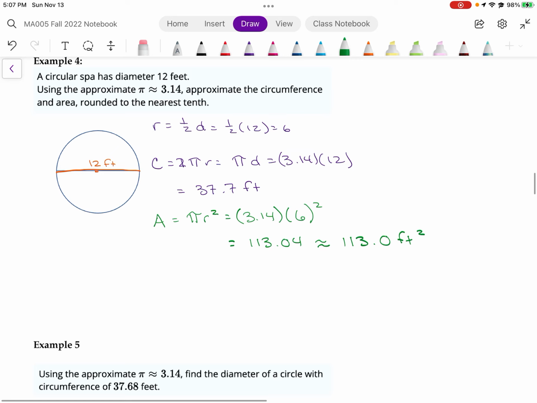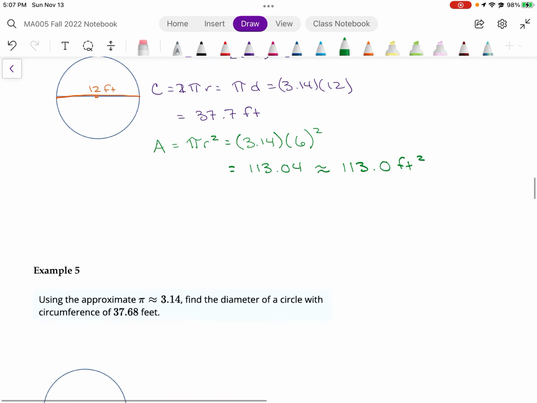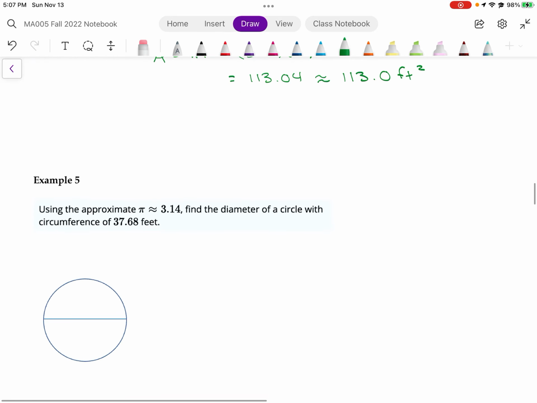All right, so moving on to example 5. Find the diameter of a circle with a circumference of 37.68. Okay, so now we have been given that the circumference, the distance around, C, is 37.68 feet.